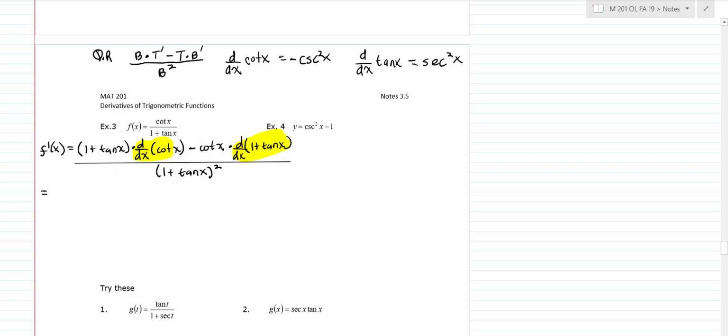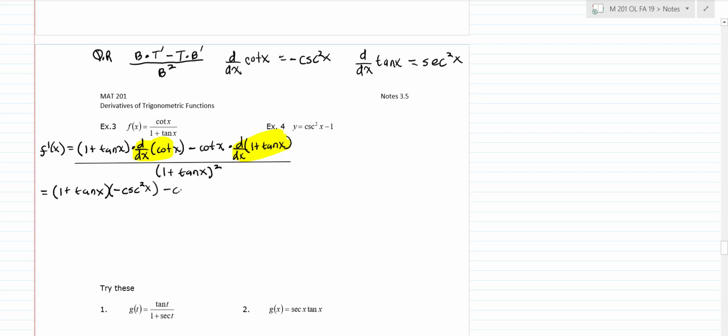Okay, so what we have then is we have this. Just bring down the 1 plus tangent of x. And then the derivative of cotangent is negative. Let me just write this in a set of parentheses, kind of like this. So this is negative cosecant squared x.